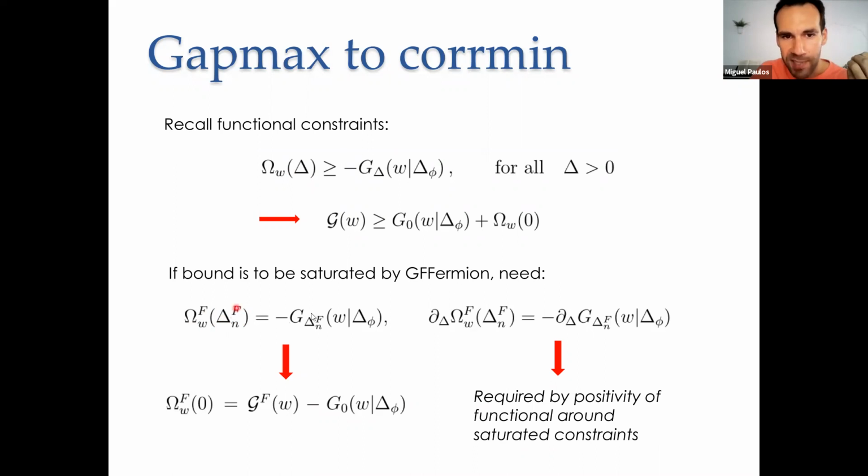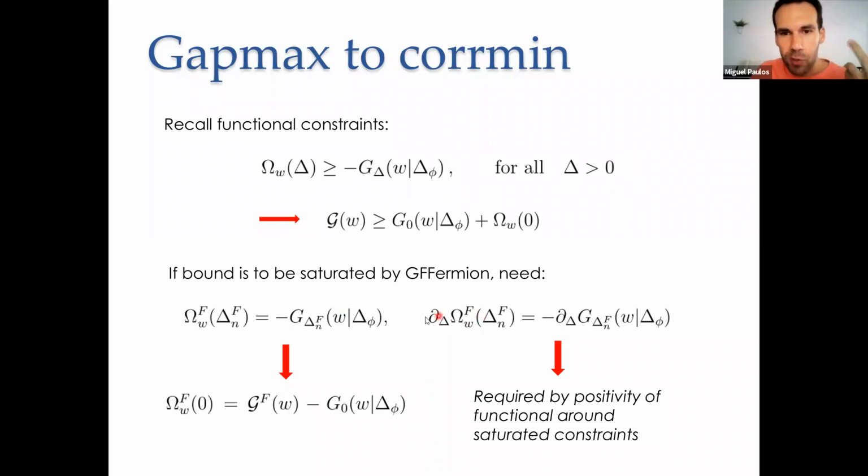It's very easy to see that. If you impose this, the action on the identity is given by the generalized free fermion correlator, and if you plug this result in, you get the desired bound. So this is a necessary condition.